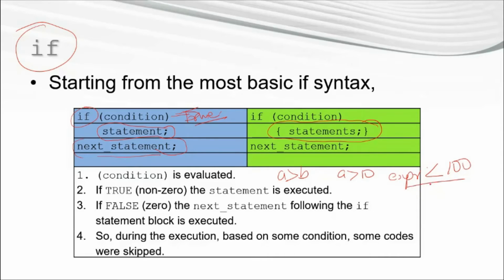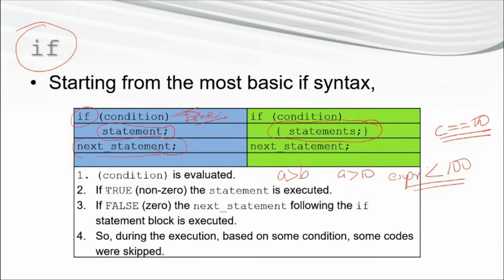Any sort of condition is possible, or some value C is equal to 10. If C is equal to 10, then this particular statement is to happen. Any condition which will be evaluated to a Boolean value, that is a true or false value, is possible.